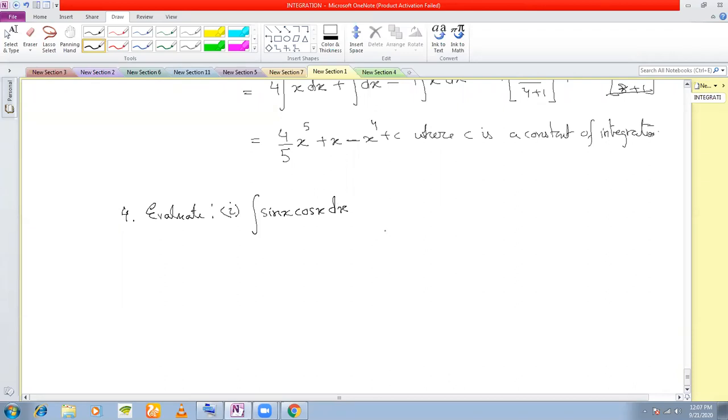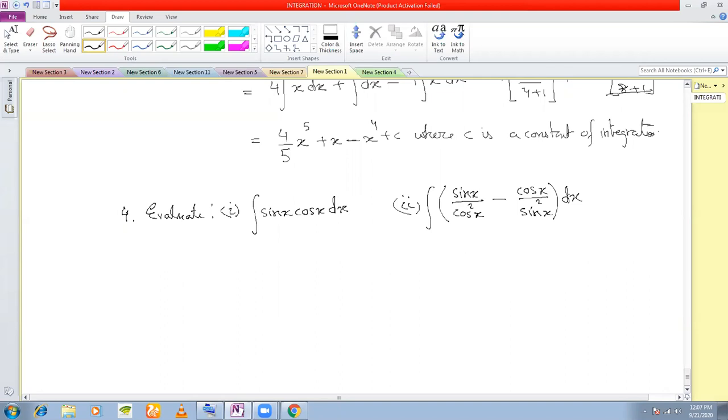Next is integral sine x by cos square x minus cos x by sine square x dx.